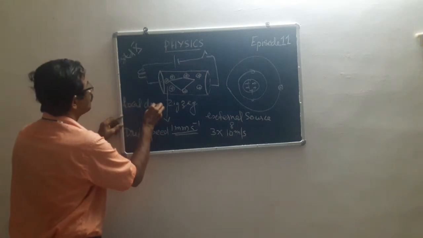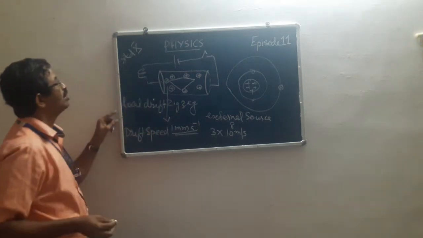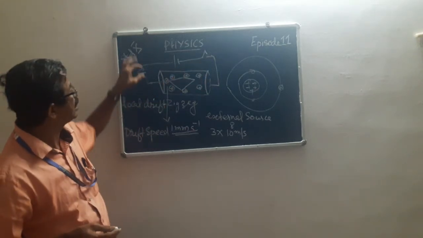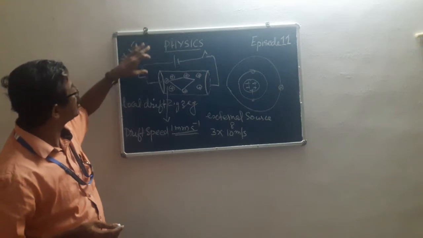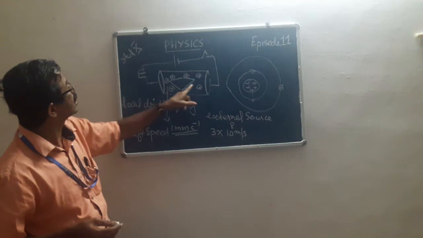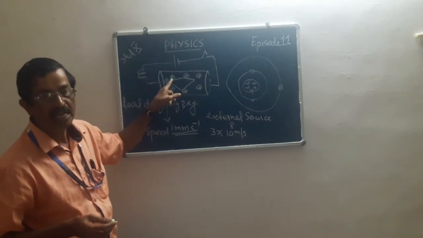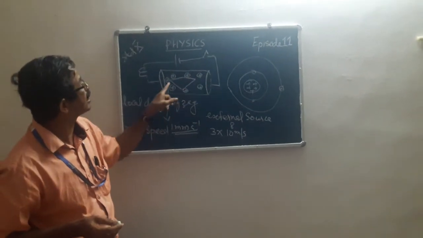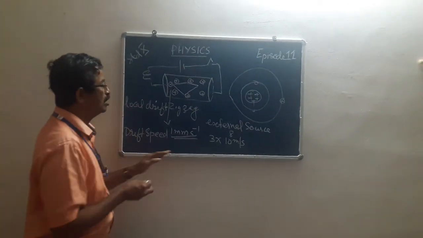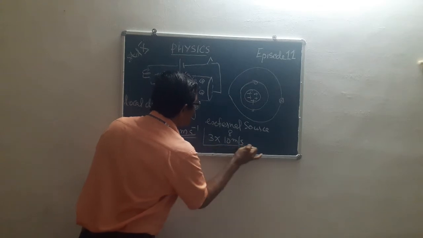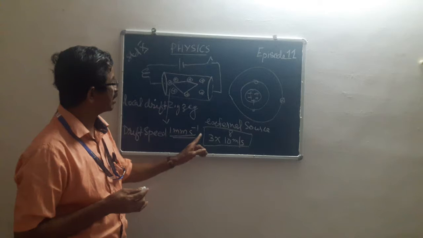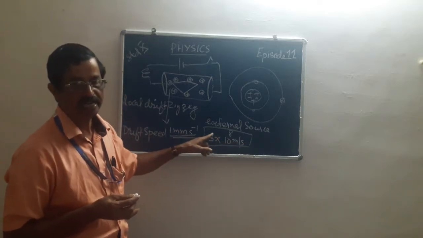Whenever we switch on, the electrons get energy, so the drift takes place not only from this part but in every region of this conductor. So due to local drift, the speed of current flow is nearly equal to the speed of light.